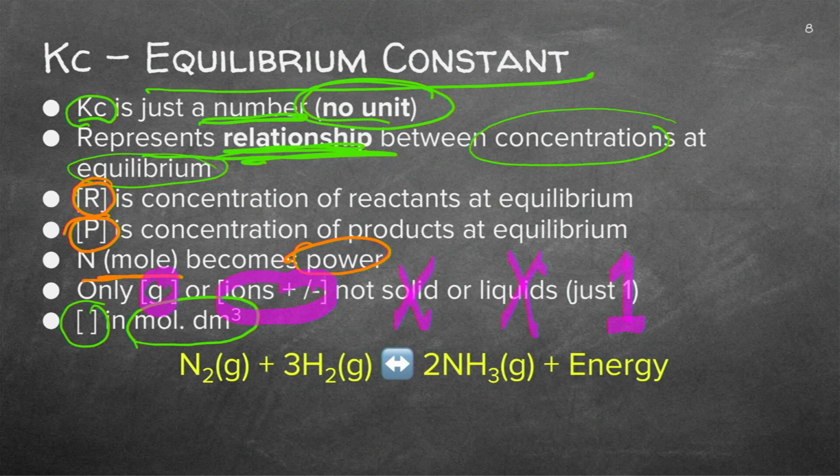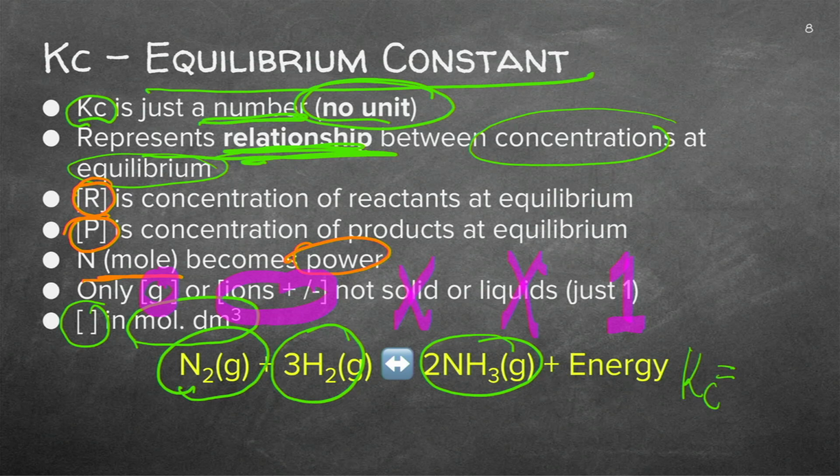Let's write this down for the reaction I've got here. I've got N2, I've got 3H2, and I'm forming ammonia. Kc is, you never write down the equation like that. It's not an equation. You needn't do that. You go right to the expression.